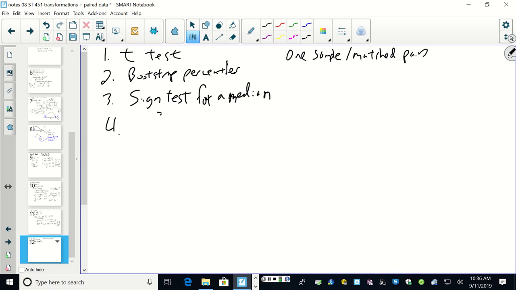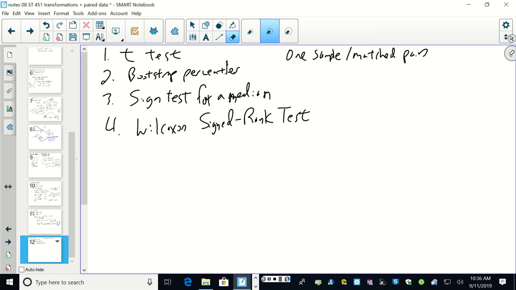The fourth one that is often done in this context is called the Wilcoxon signed rank test. So this is a matched pair procedure.